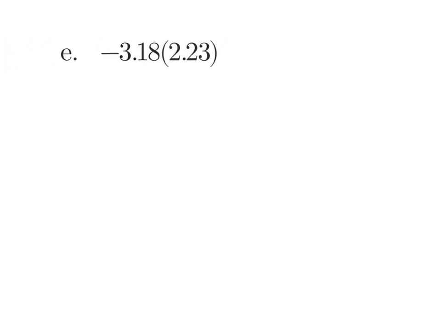All right, one more in this group. Okay, so we have negative 3.18 times 2.23. So I'm going to put the 318 on top and the 223 on the bottom.